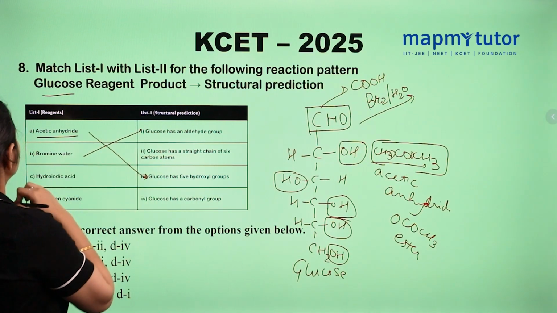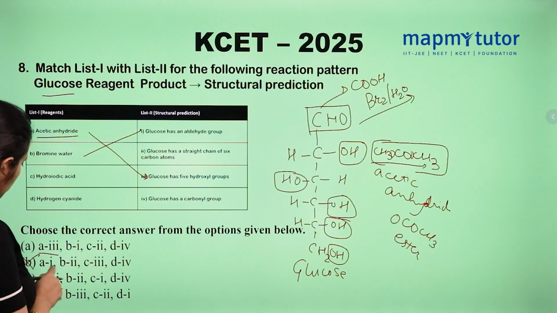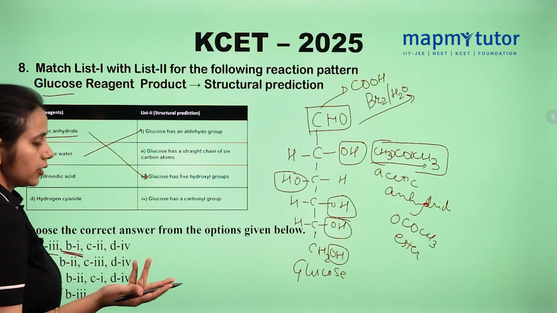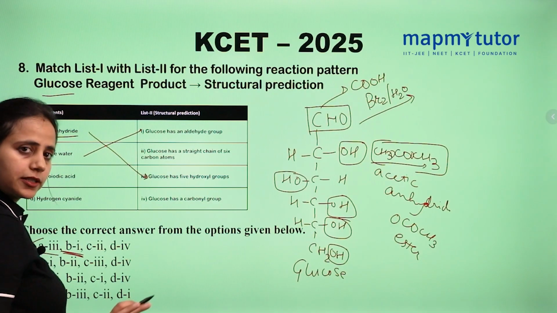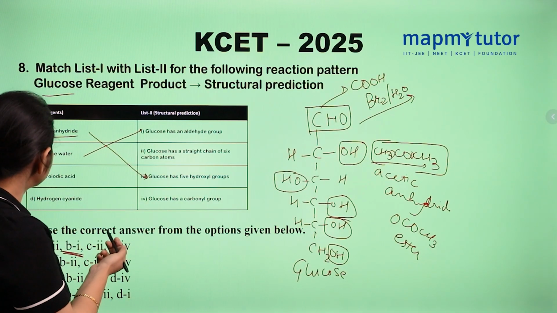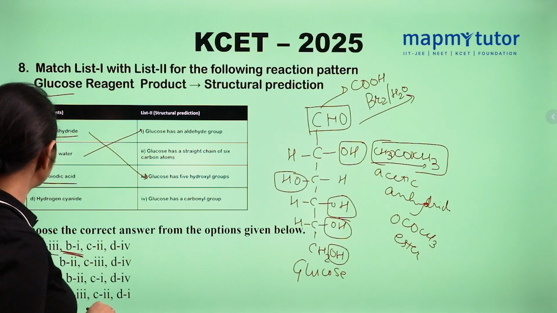So bromine water reacts with the aldehyde group of glucose. It is present in option A, B with 1. From here only we get the answer. It is our choice whether to see other options or not, but we get the answer from here: the answer is A. For your knowledge, let's see what will happen if glucose reacts with hydroiodic acid, HI.